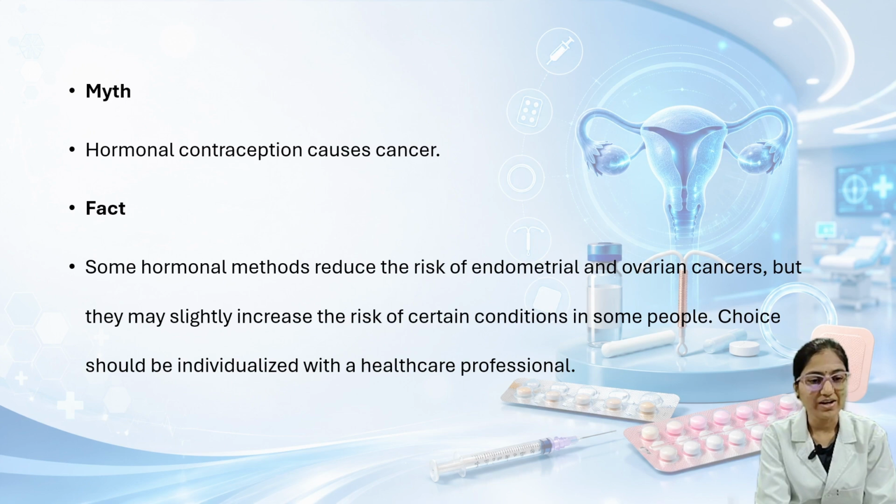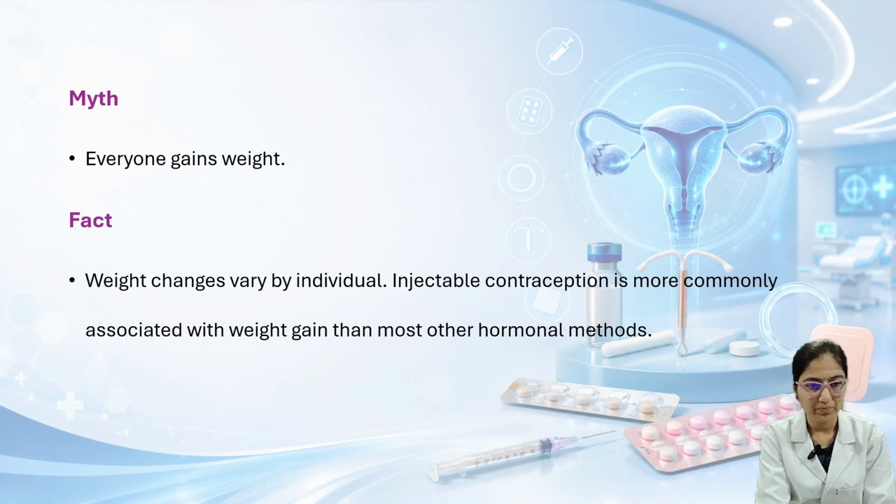No. The fact is, some hormonal methods reduce the risk of endometrial and ovarian cancers, but they may slightly increase the risk of certain conditions in some people. Choice should be individualized with a healthcare professional.